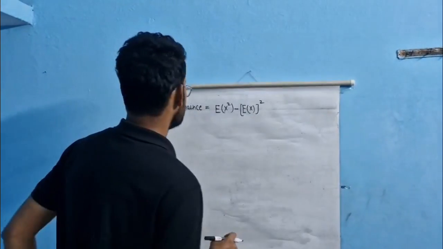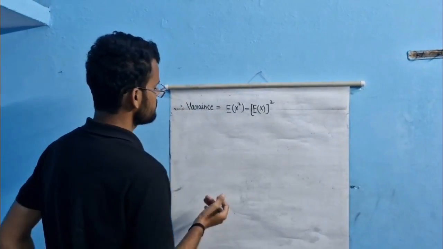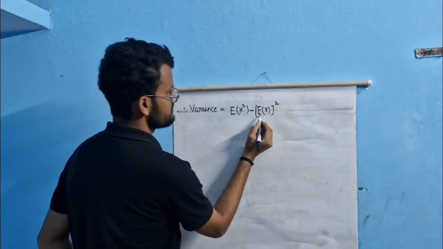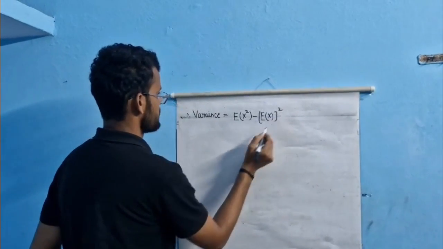Now we find the variance. We know that variance is equal to expectation of x square minus expectation of x whole square.